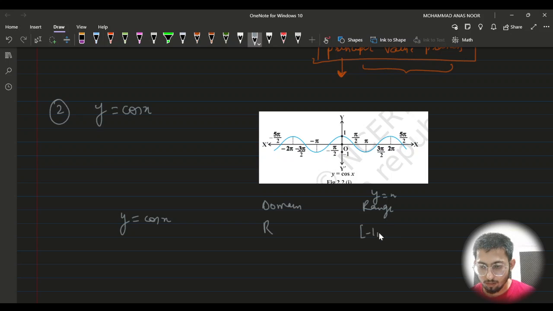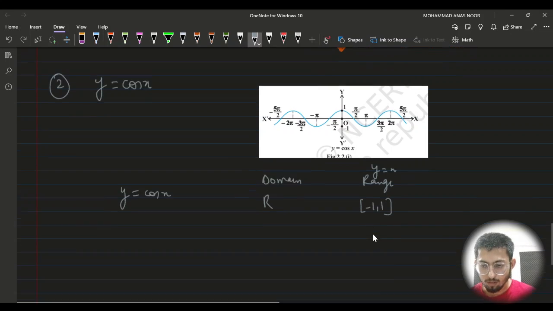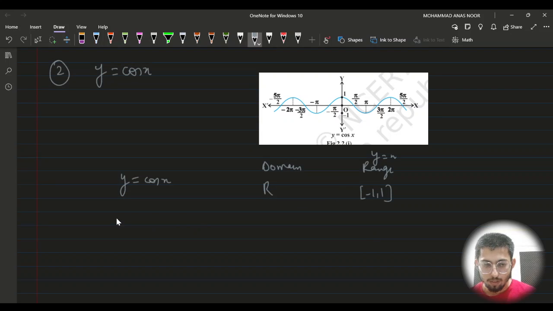Same thing, isn't it? So if we restrict it, from where should we restrict it? We restrict it from minus pi by 2 to plus pi by 2. Where is minus pi by 2? This is minus pi by 2, right? And where is plus pi by 2? This is plus pi by 2, right?